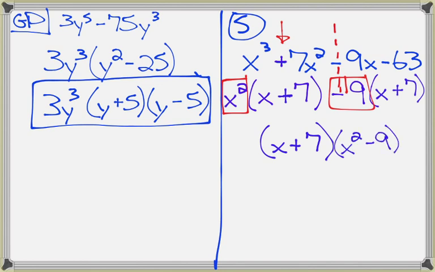Okay, so now to finish that out, you see you have an x squared. So again, we know that can be x plus 3 times x minus 3, because that's going to give you negative 9, and then positive and negative 3 are going to cancel out. Then you have x plus 7. So your full factored polynomial is x plus 7 multiplied by x plus 3 multiplied by x subtract 3.